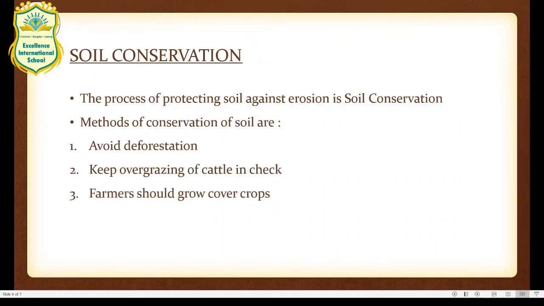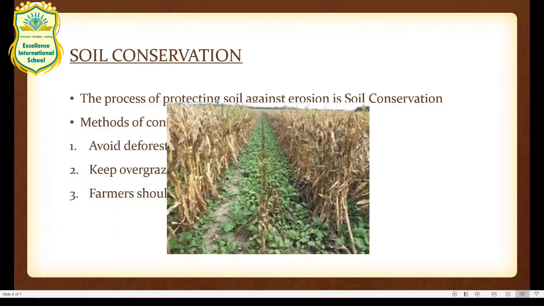The third thing is farmers should grow cover crops. So see, in this case, the brown thing, these are the crops that we require. And this area, if it did not have these tiny plants, then this soil would have been exposed to wind or any other agent or cattle or water, and this soil would have gotten eroded.